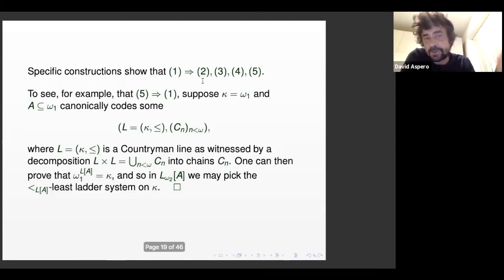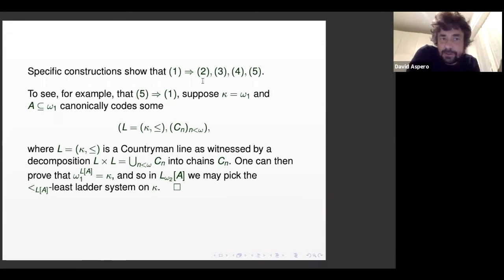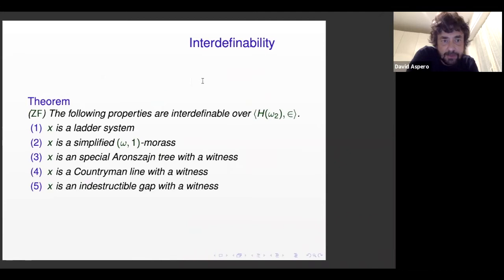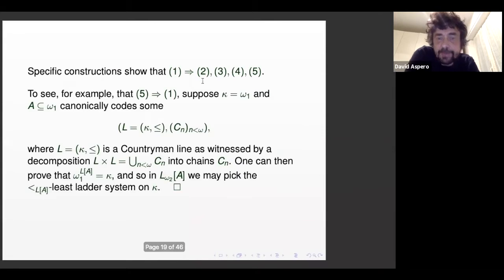And now to see, for example, the converse, let's see that 5 implies 1. So no, actually I wanted to do 4 implies 1. So if you have a Countryman line with a witness, then from that you can define a ladder system.